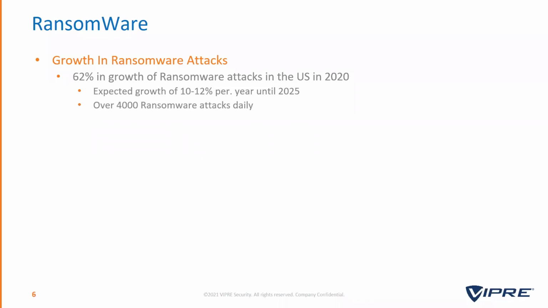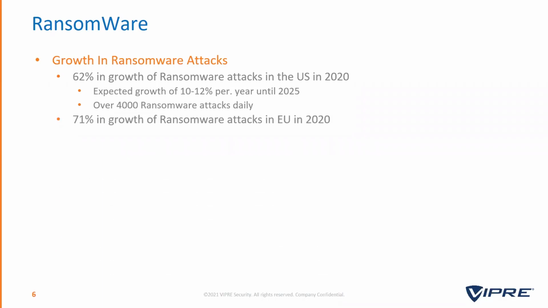On average, or a little over average, there are 4,000 ransomware attacks daily in the US. Looking at the size of the country, that could be a lot or not a lot, but to me it's still a great number that could be less if we think about it.